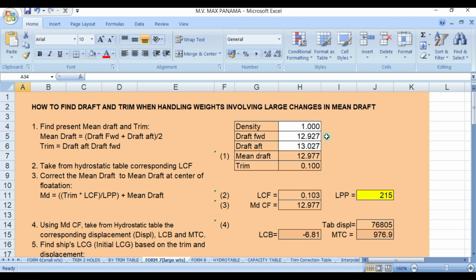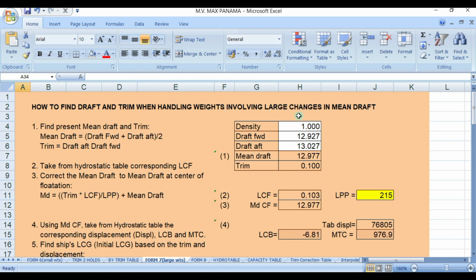You will advise the foreman, this will be our maximum sailing draft. Mid will be 12.977, our fore draft will be 12.927, and aft draft will be 13.027. So we should have a target trim of 10 centimeters. Bear in mind that you should have a target of this drop forward and aft, and your trim and your mean.